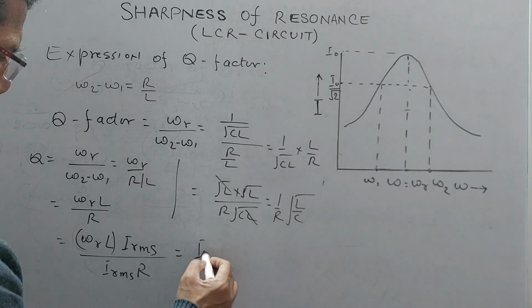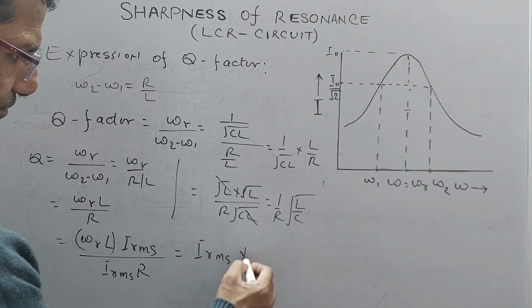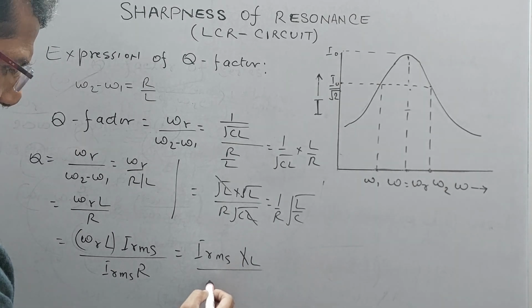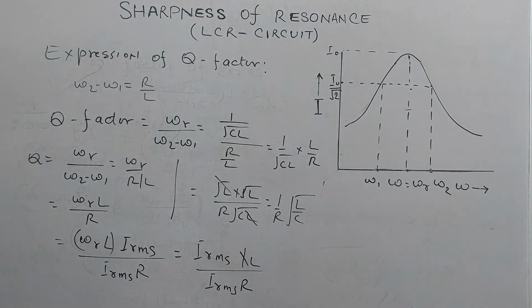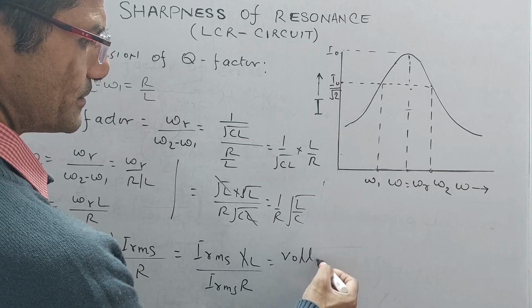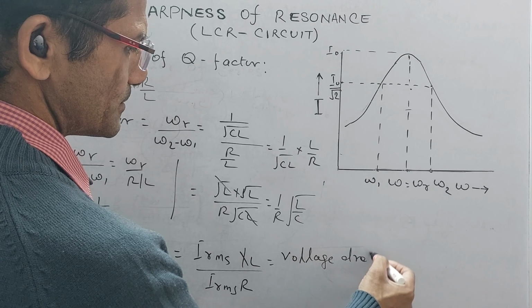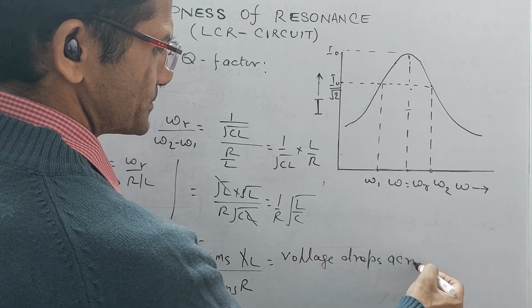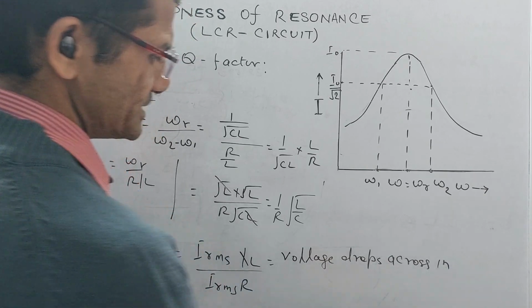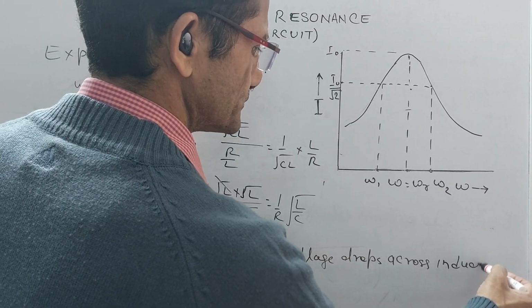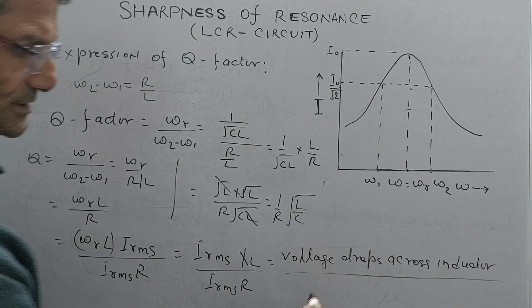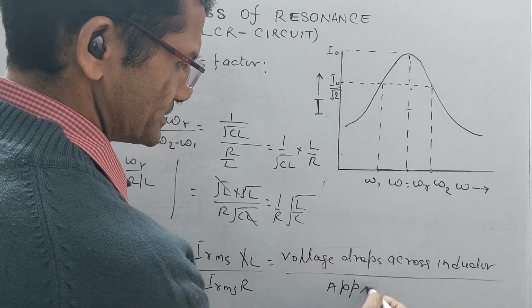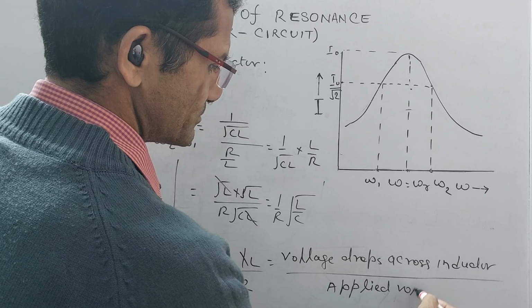We can write this as RMS current multiplied by XL, divided by RMS current multiplied by R. From here, this is the voltage drop across the inductor, L meaning inductor, divided by I RMS into R, which is the applied voltage.